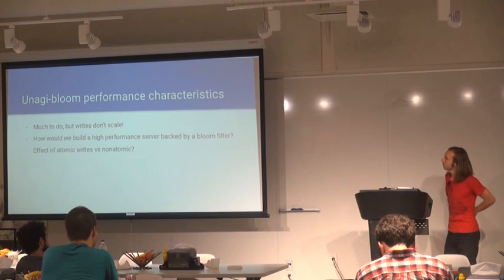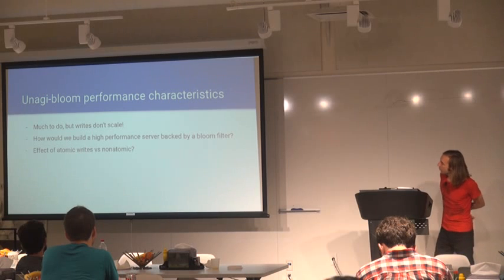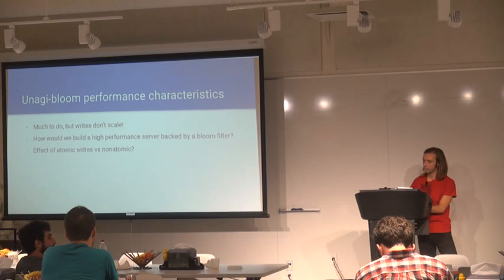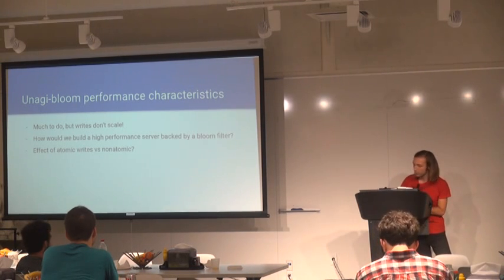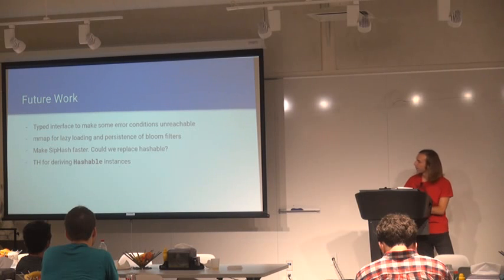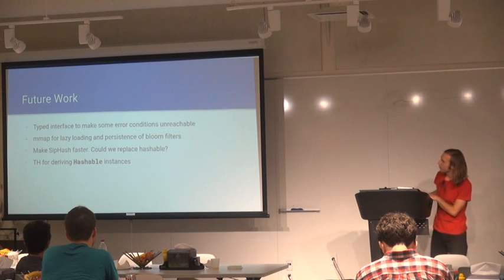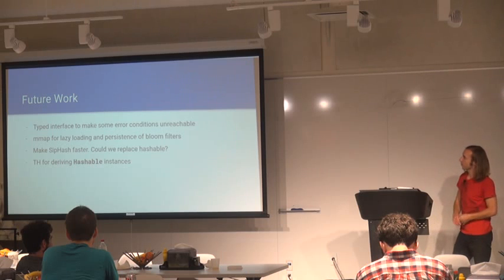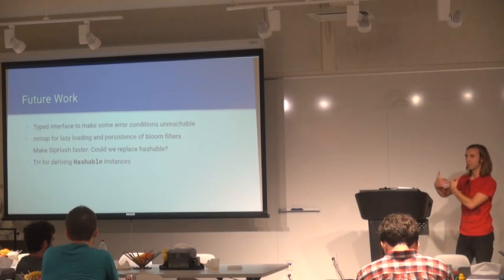Also, how atomic writes change the cache behavior would be an interesting thing to know. Future stuff I want to do for the Bloom filter: I've tried to think about how to add more type safety to the interface, because there are a lot of parameters that have to match up.